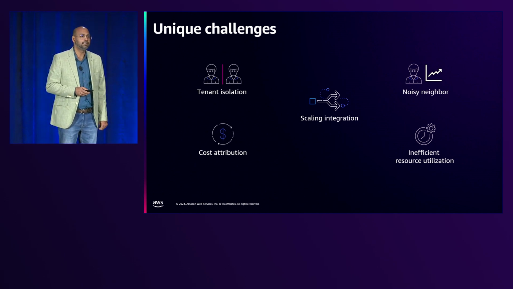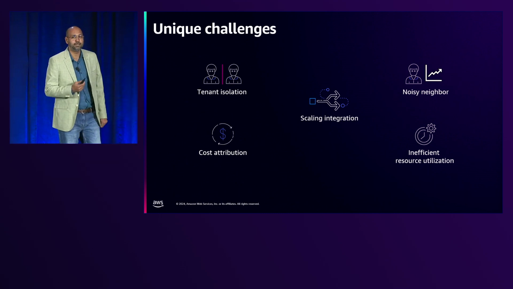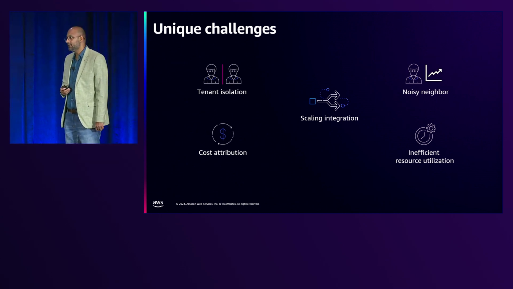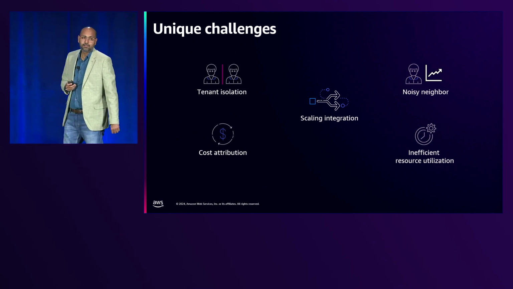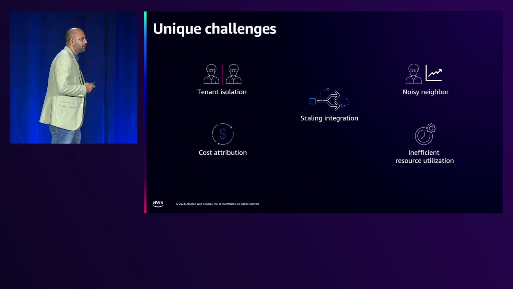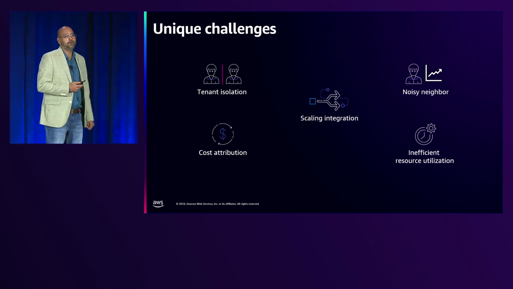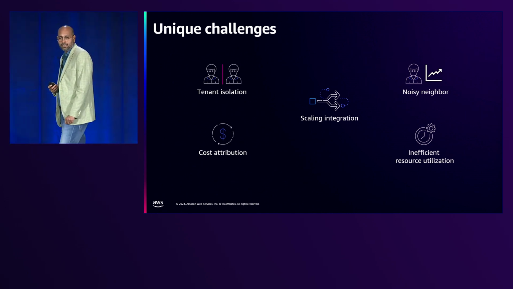Last but not least, scaling integration. Oftentimes we focus on the business logic, the databases and the infrastructure-based components when we are considering multi-tenant architectures, but when we are talking about the software as a service model, we are essentially talking about complex distributed systems, because we are talking about service-based architectures.